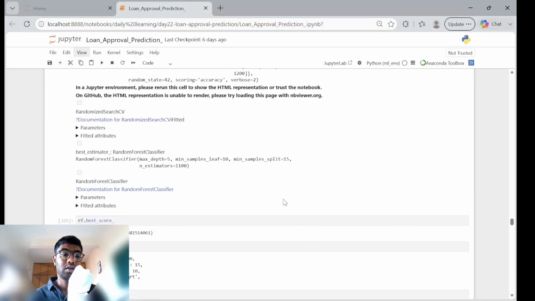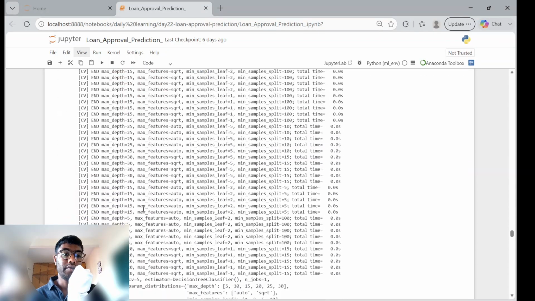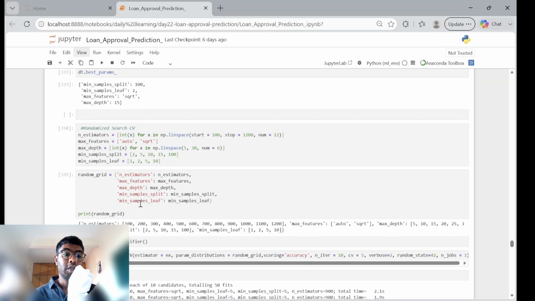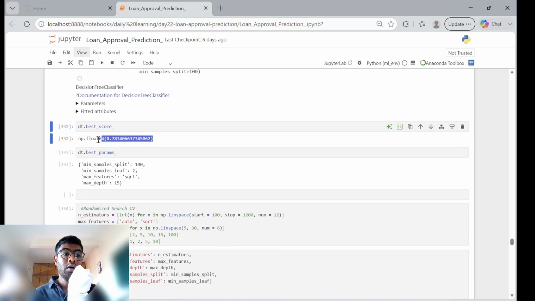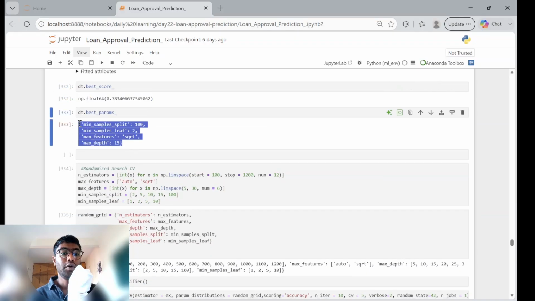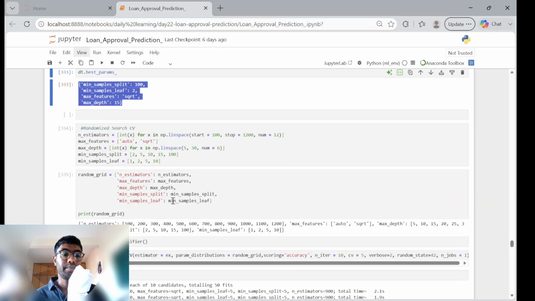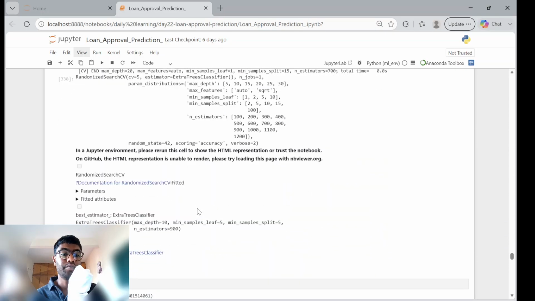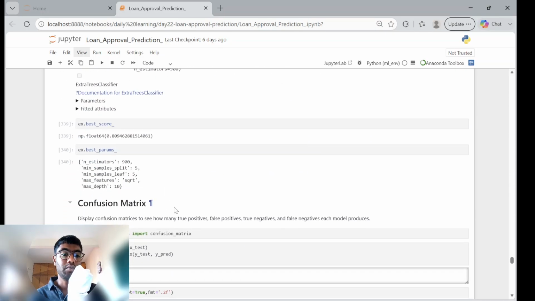And finally, we can measure the scores and also the best parameter splits that give us the best predictions from a machine learning model. So we do that for all the different machine learning models.